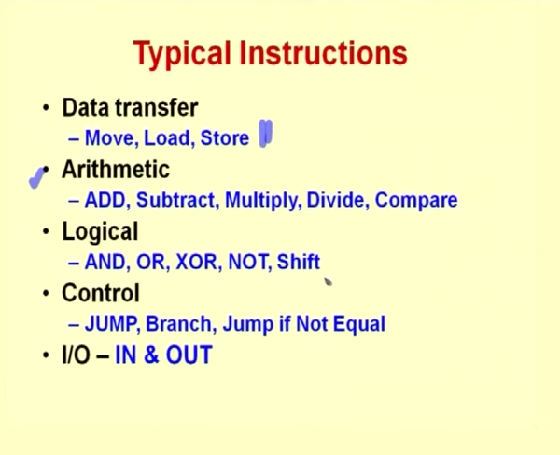These are the kind of operations we have here. And then we talk about control instructions, instructions which do things like jump, branch, in the sense that you will be able to jump to a different address location, branch to a different address location. We also have variations of these jump and branch instructions like jump if not equal, branch if not equal, branch if greater than 0, different conditions that are there. And then we also talk about input output instructions, in and out instructions are typically used for these. Okay. So, these are the typical instructions that we talk about.